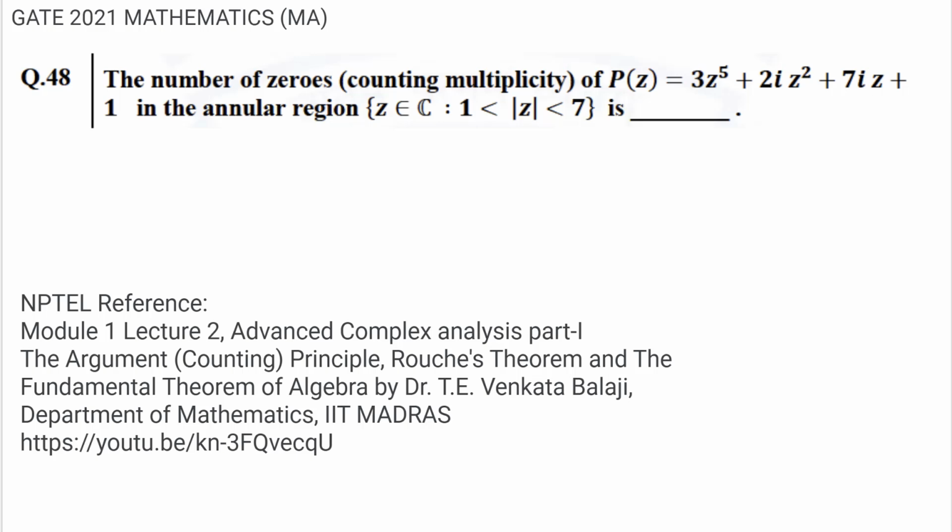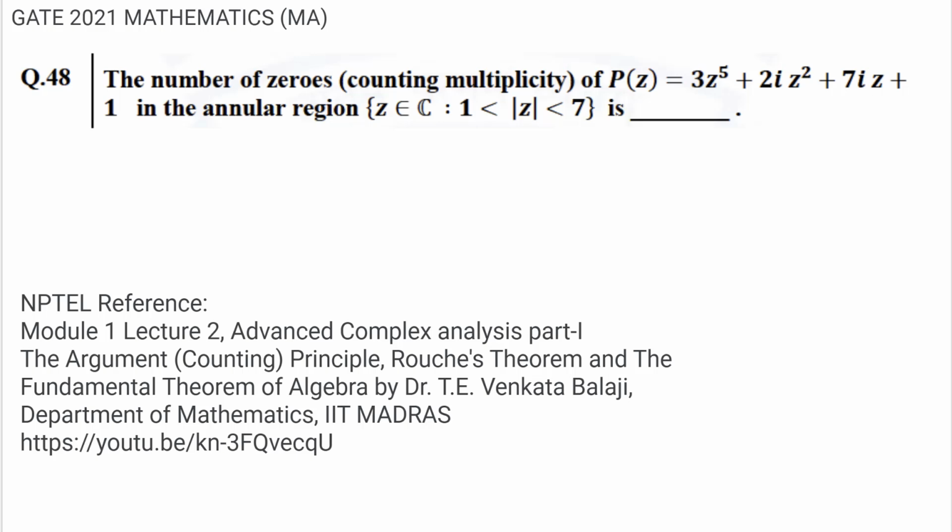Our problem is from GATE 2021 mathematics paper, question number 48. The problem given is the number of zeros counting with multiplicity of p of z, where p of z is the polynomial 3z to the power of 5 plus 2i times z square plus 7i times z plus 1, in the annular region, a subset of z contained in C such that 1 less than mod z is less than 7.